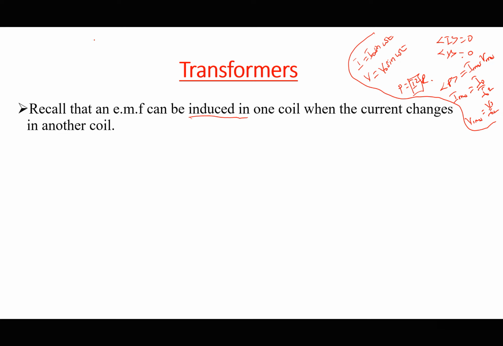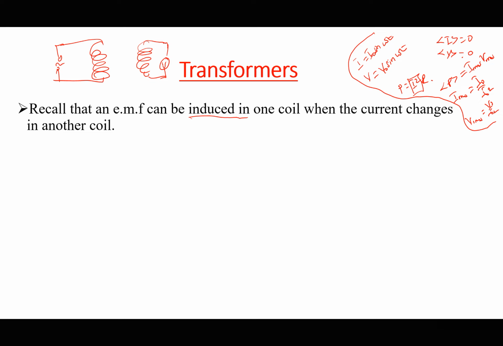Whenever you have a coil placed next to another coil, if there is a change in current or change in EMF in this coil here, it will create a current in the neighboring coil. That's what you call Faraday's law. You talk about Faraday's law and Lenz's law under electromagnetic induction.